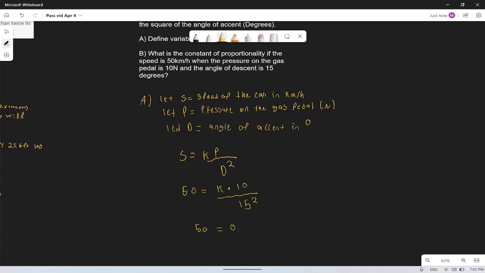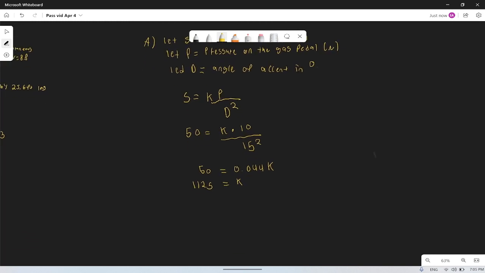So 50 equals 0.0444 repeating K. Now we just divide that out. So 50 divided by 0.044444 equals 1,125.